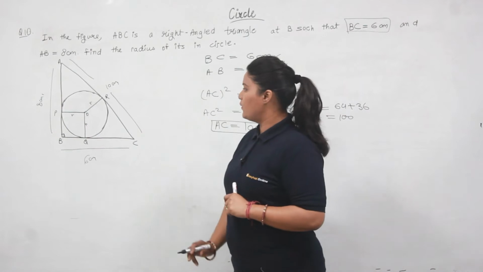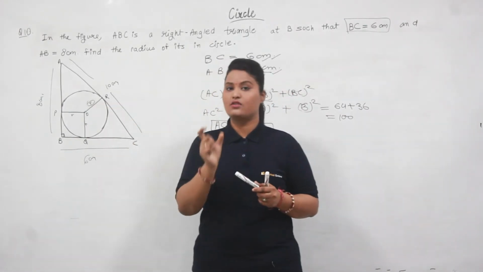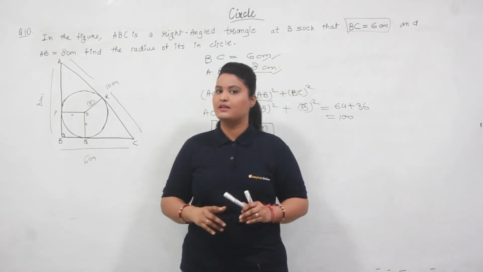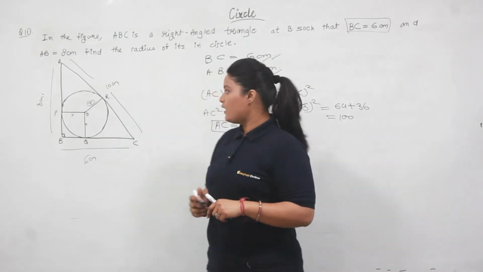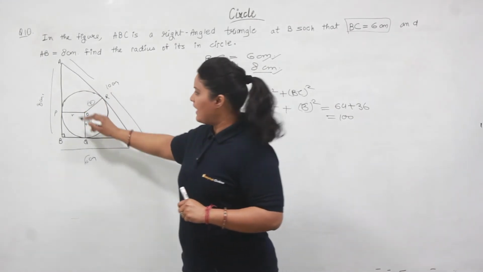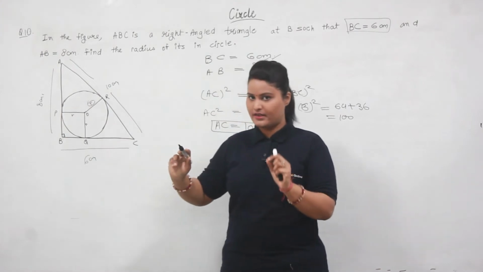Now just come again: we have to find R, the radius of the circle. We don't have to find any measurement related to the triangle. So how can we relate it? Now think about it: this is a circle and these three sides are touching the circle at individual points.